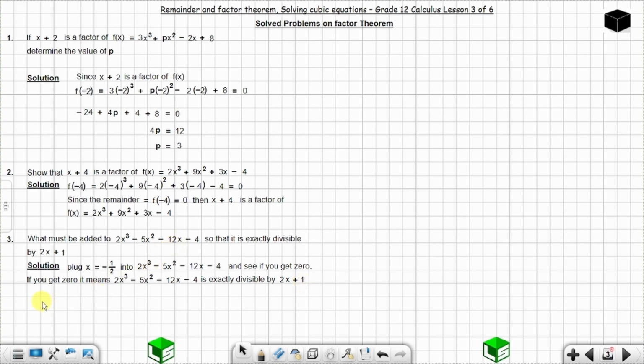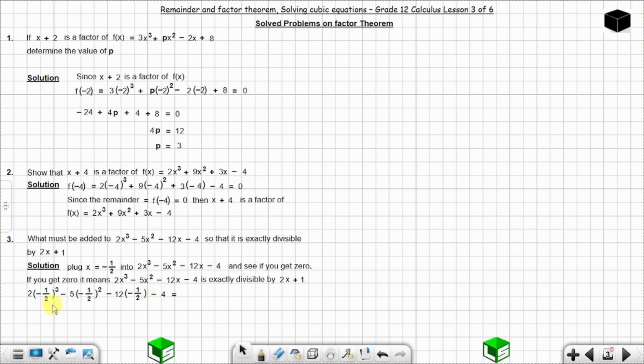So you have 2 times this to the power of 3, minus 5 times this to the power of 2. This is your x, negative 1 over 2. You plug it wherever you have x. Minus 12 times this, minus 4.